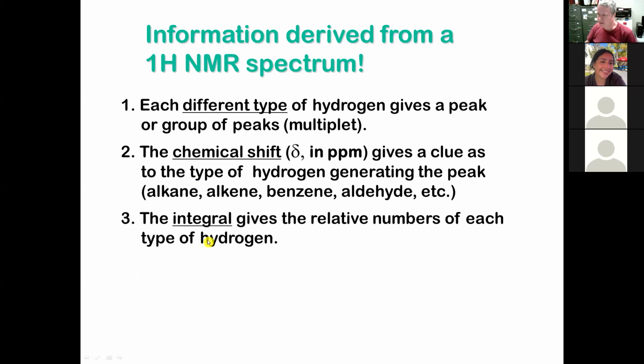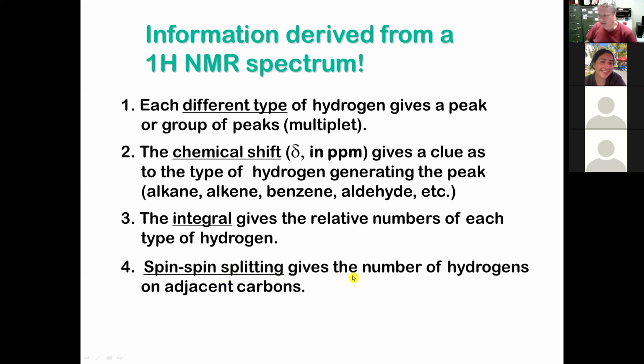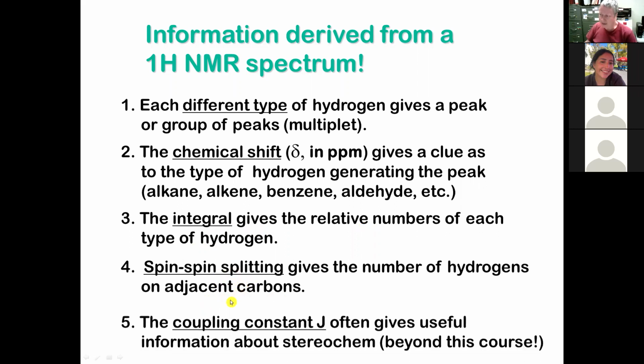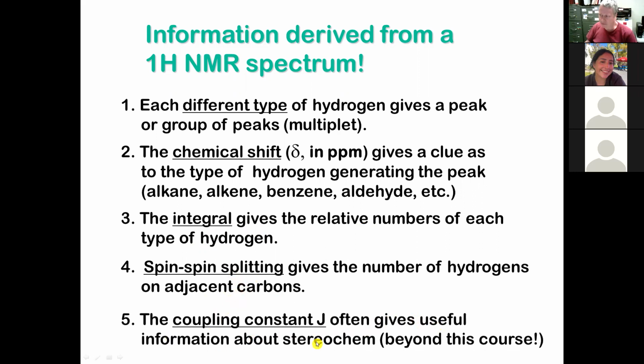The integral tells you the relative number of each type of hydrogen. If it's a 2, maybe it's a CH2. If it's 3, maybe it's a CH3. Spin-spin splitting gives you the number of hydrogens on adjacent carbons, the n+1 rule. And the coupling constant often gives you information about the stereochemistry. Cis and trans alkenes are a good example of that.